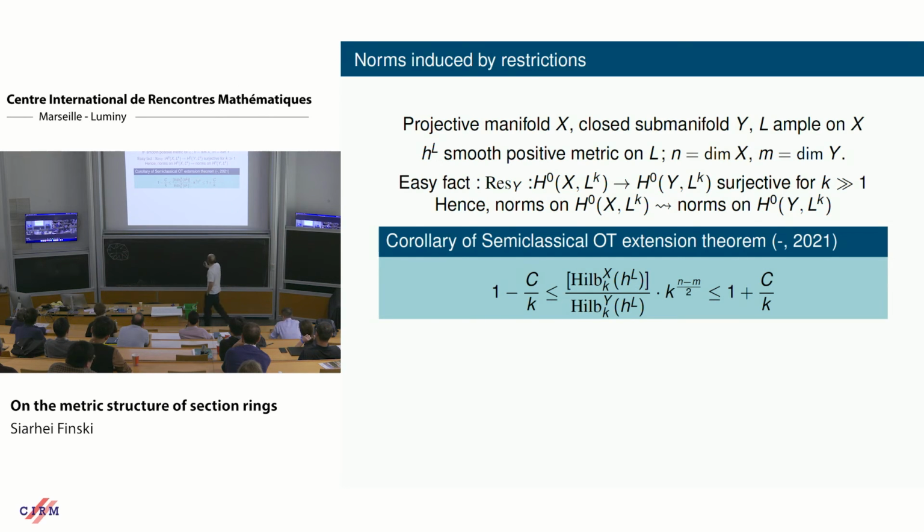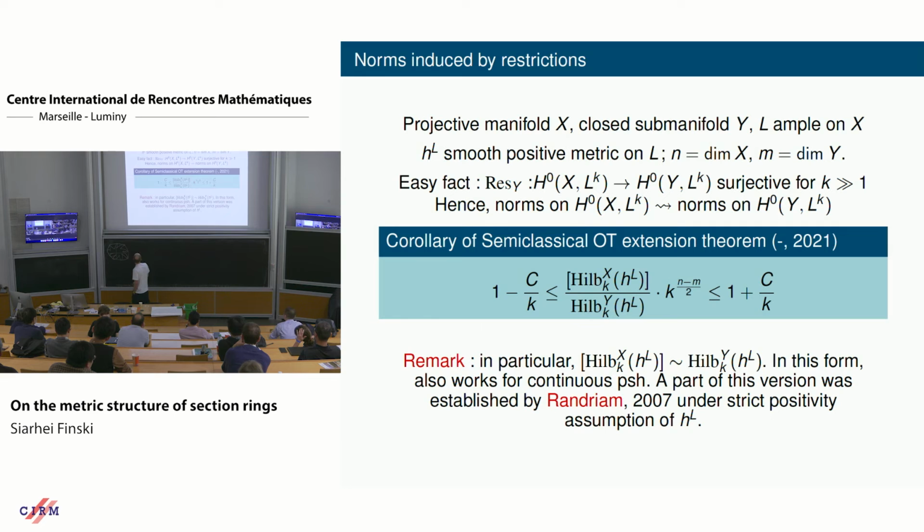And so this upper bound is actually an analog of the Ohsawa-Takegoshi extension theorem. So I'd like to mention that in particular this theorem implies that the norms obtained by the quotients are equivalent to the norm constructed on the submanifold itself.